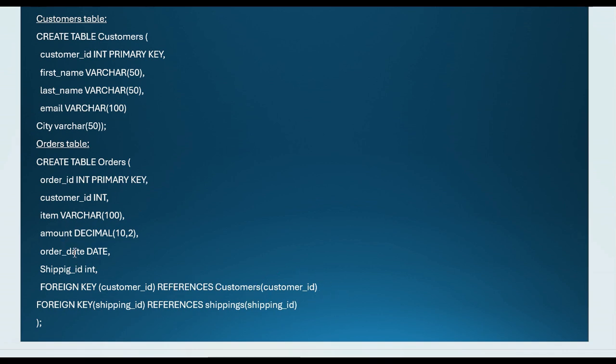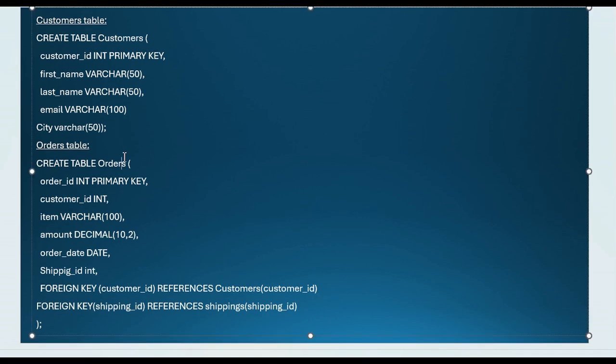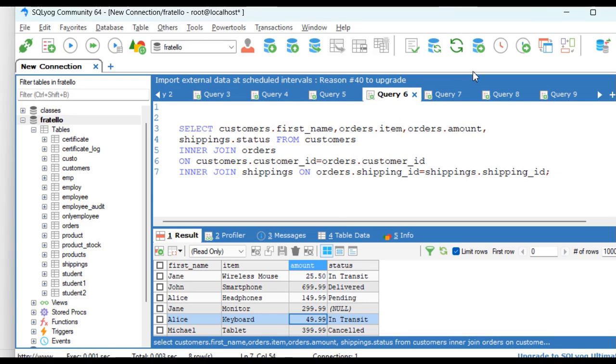From the orders table I am also referring to the shippings table: foreign key of shipping ID references the shippings shipping ID. The foreign key is mandatory to establish the relationship between two or more tables when we decompose the tables into multiple tables. In this way we are using the joins.